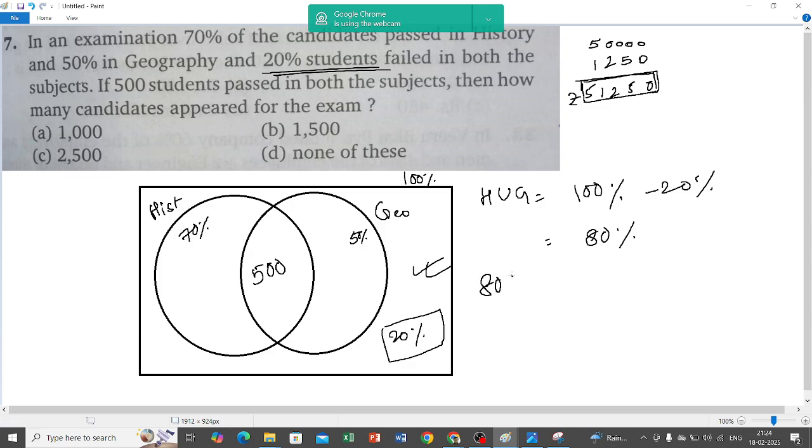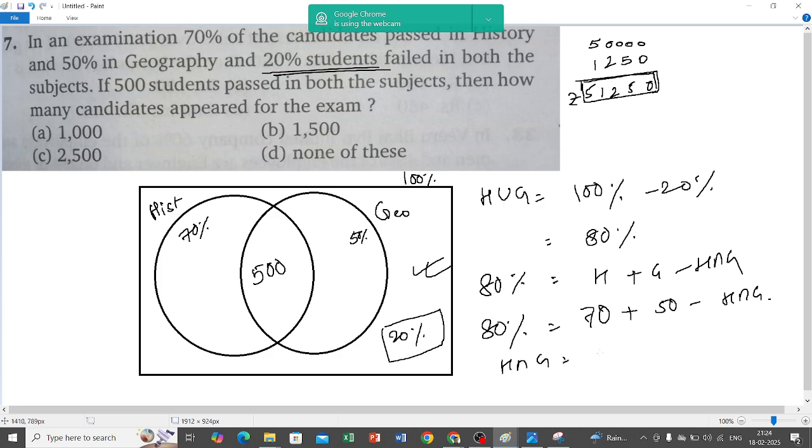Now I know that 80%, which is union, is H plus G minus H intersection G. That is equal to 70 plus 50 minus H intersection G. So what is H intersection G? That is 120 minus 80, that is 40. So this is 40%.